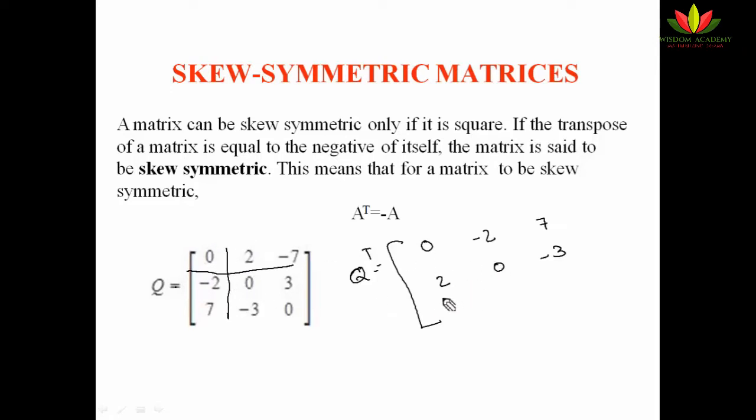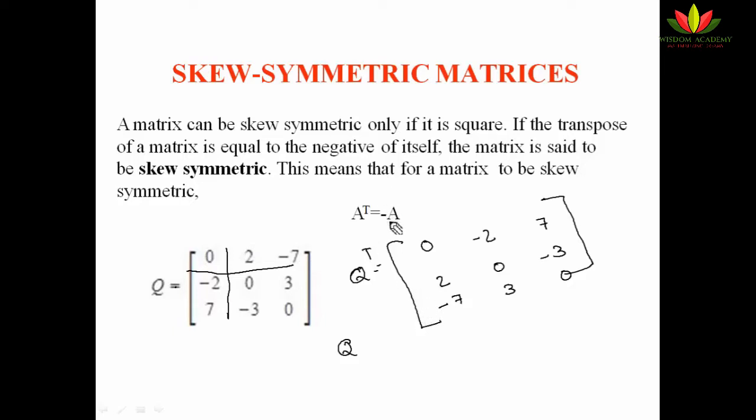So next is minus 7, 3, 0. If you compare these two matrices, you can see that Q and Q transpose only have the difference of the negatives, right? Here if it is positive 2, here it will be negative. Negative 7 is there, so positive 7 is there. Negative 2 is there, here positive 2 is there. So this kind of matrix we will say is skew symmetric.